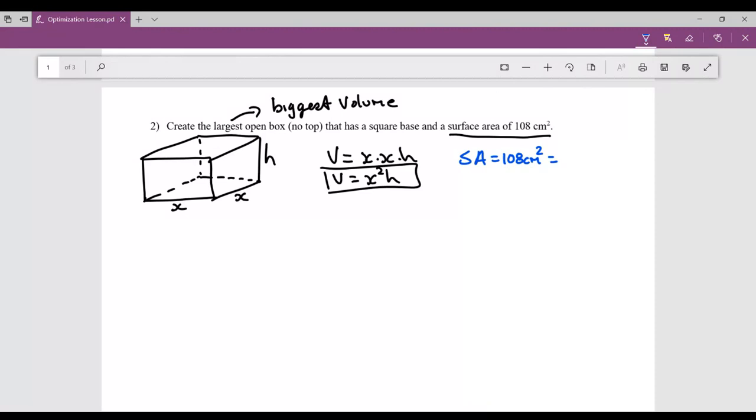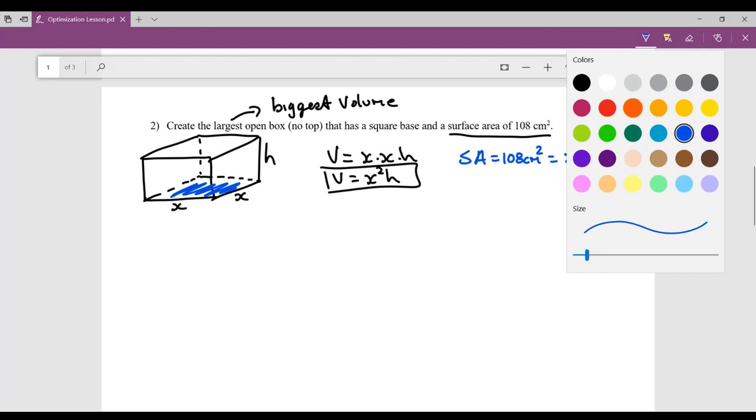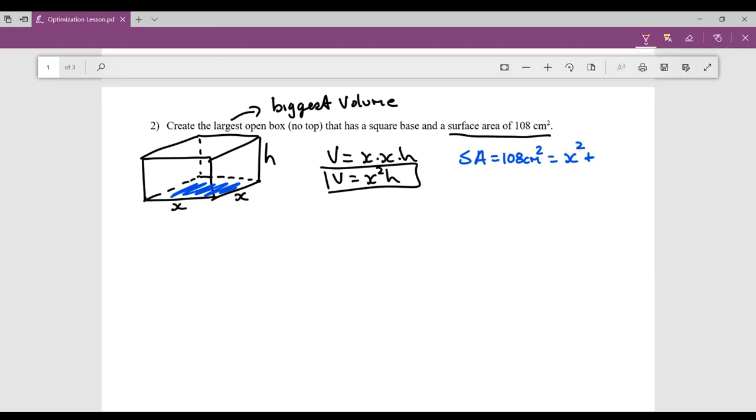The area of the bottom is a square, so that's x times x, x squared, plus the area of each side. This side has an area of x times h, as does this side, as do the other two sides. So it's going to be 4xh.